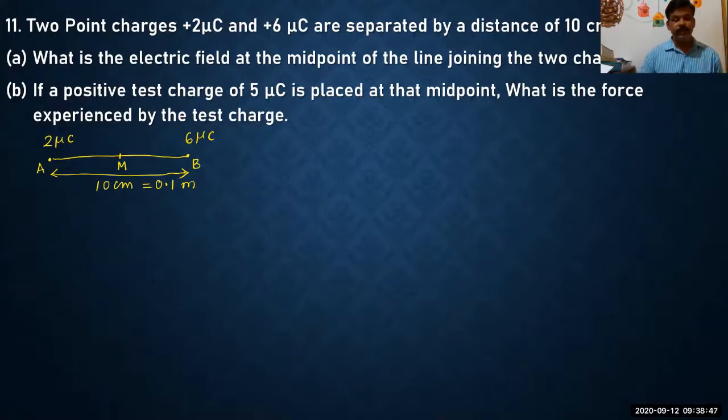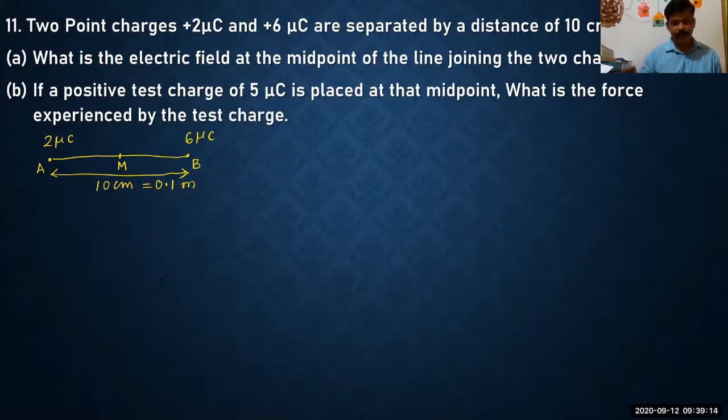Then how to find the field here? First, you have to find the electric field at M due to 2 microcoulomb. Next, you have to find the electric field at M due to 6 microcoulomb. Then you have to go for the resultant electric field at M.